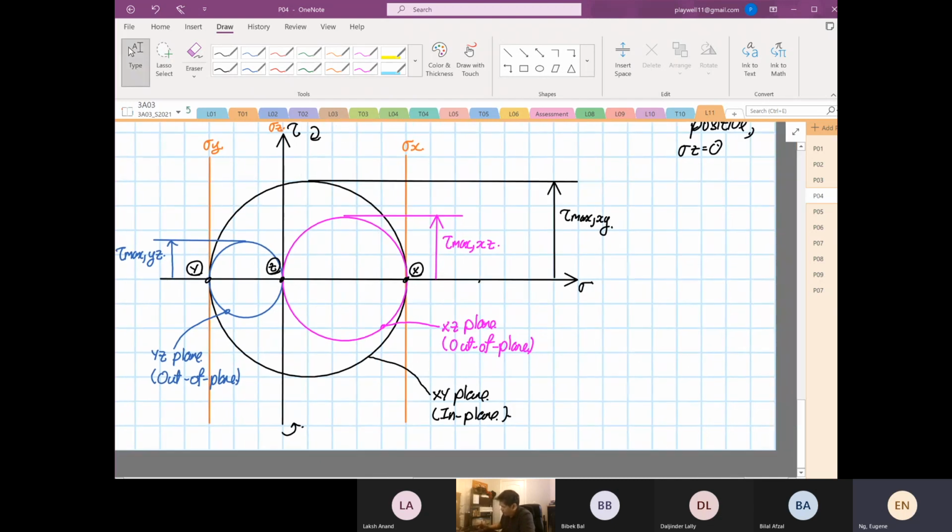So what you realize now, for this case, the shear in the XY plane is going to be your tau max, and in this case, this is in-plane.